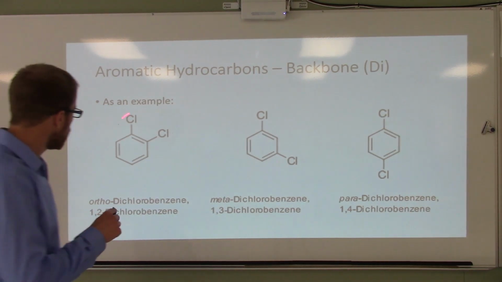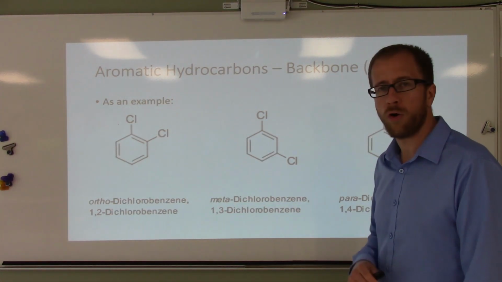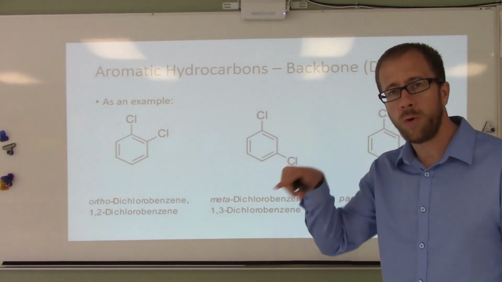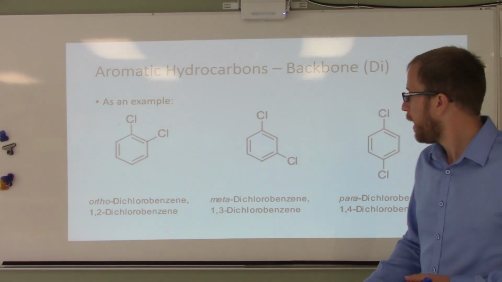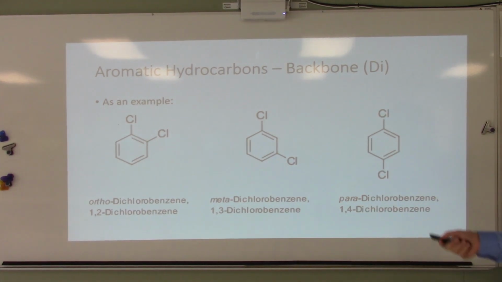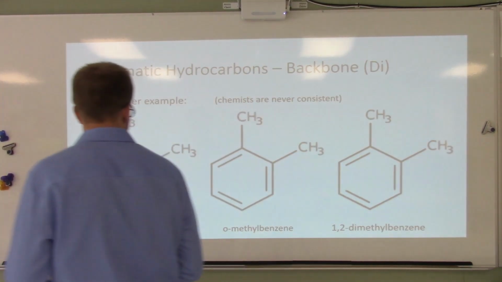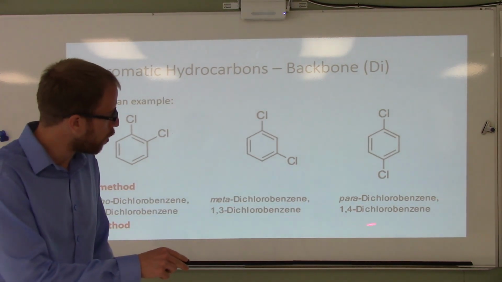So if we look here, this is a great example of ortho-dichlorobenzene. You don't have to write out ortho, you can actually just write O. This would be meta, you can just write M. And this one is para-dichlorobenzene, you can just write P. So when you are naming these, I do not want you to use our old method.